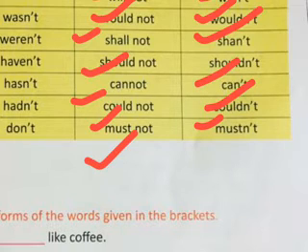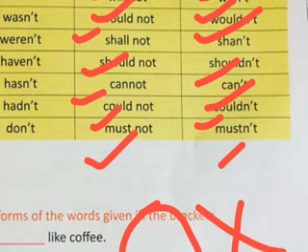Must not, mustn't. Right? So these are very easy ones. What you have to do, you have to remove O, and you need to put one apostrophe, and you are going to complete this word by joining these two words together.